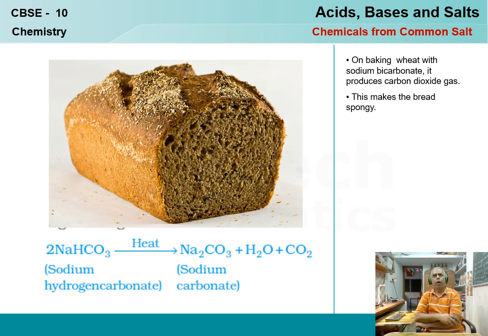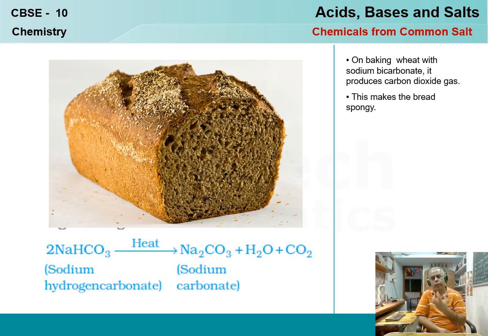Sometimes you may be asked why the bread is spongy when we use baking soda. On baking wheat with sodium bicarbonate, it produces carbon dioxide. You just look at the equation. 2 moles of sodium bicarbonate, when heated, give sodium carbonate, water, then carbon dioxide.